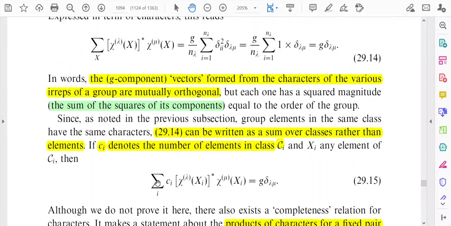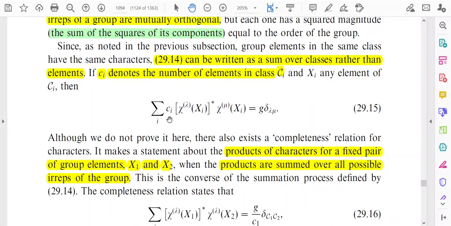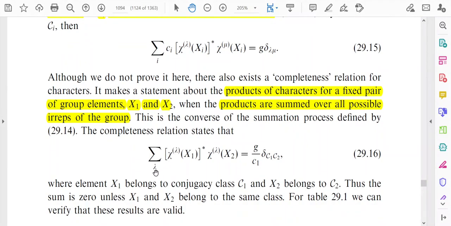So you see again in equation 29.14, the sum was for the elements. Then we described the sum over classes, and lastly, in what is known as the completeness relation, the sum is over the representations.